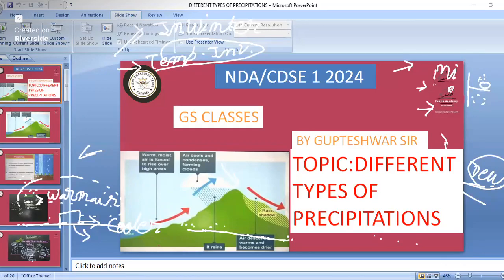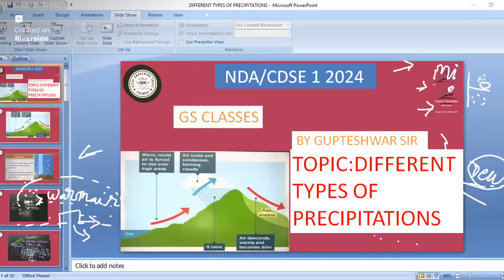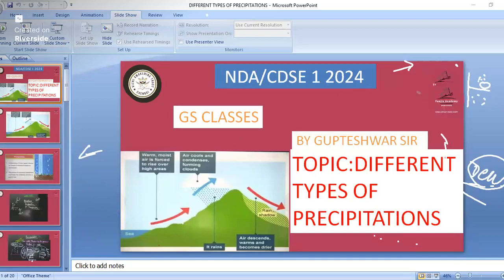Now see about the fog. Fog also happens mostly in the temperature inversion part only. In the fog, we saw that as we go up the temperature is decreasing, and due to heat loss we have warmer air there.